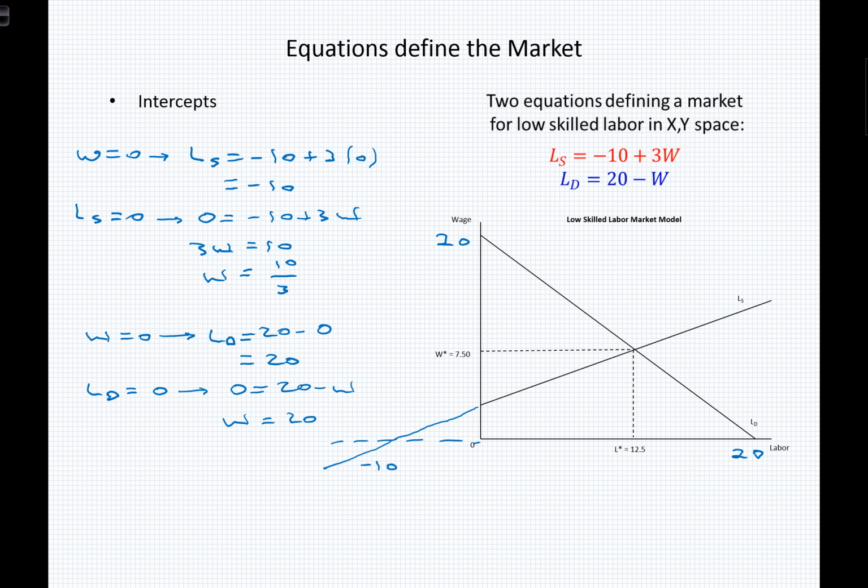And similarly, when labor supply is 0, which is going to be right here, then the wage is going to be 10/3 or 3 1/3. So this is how we can think of the equation defining the market.